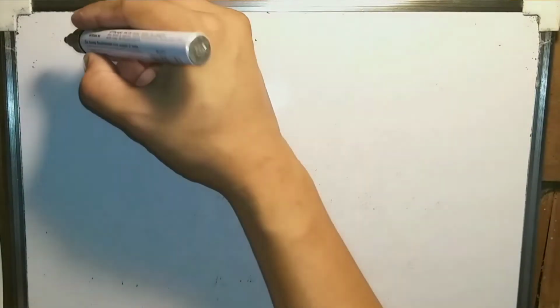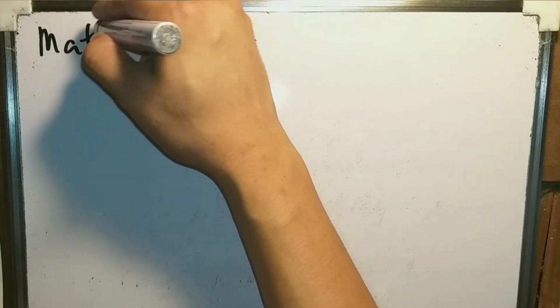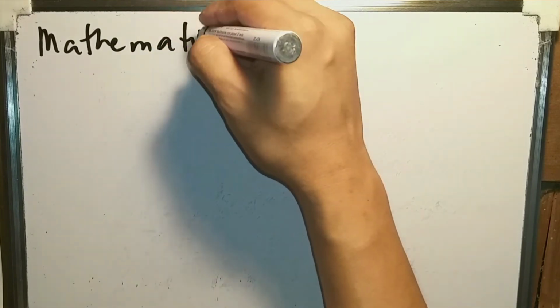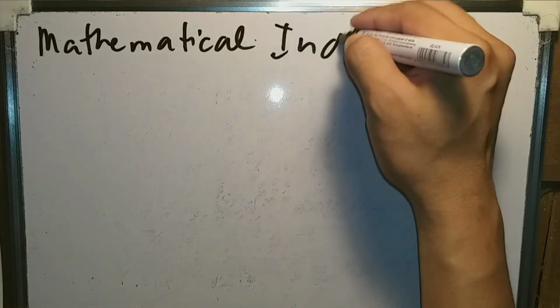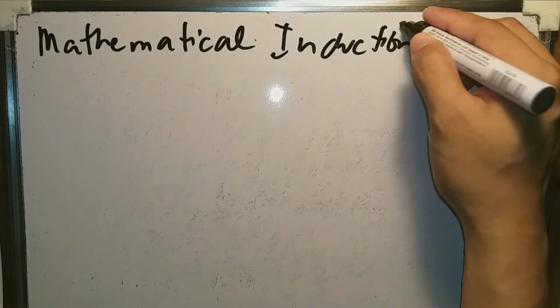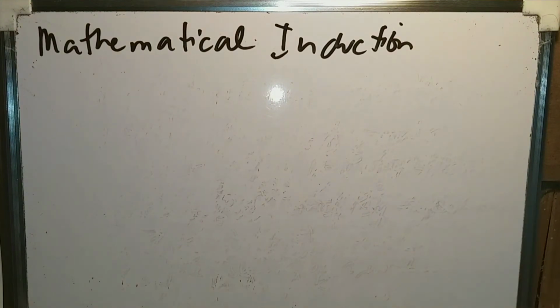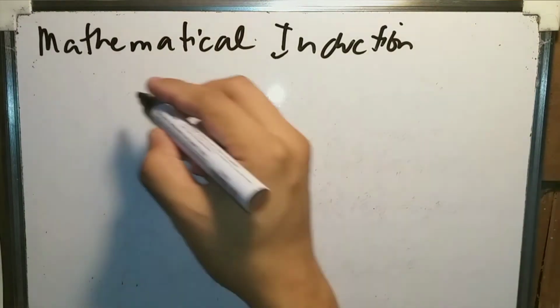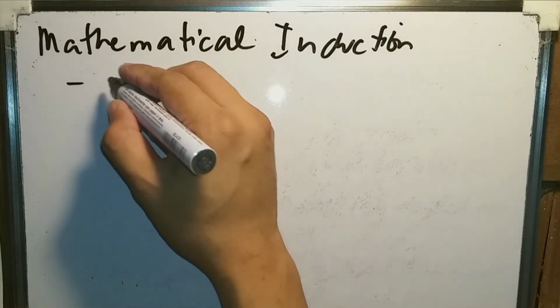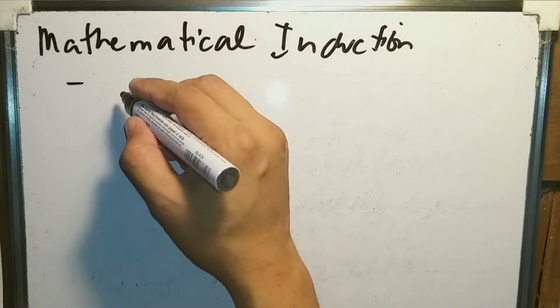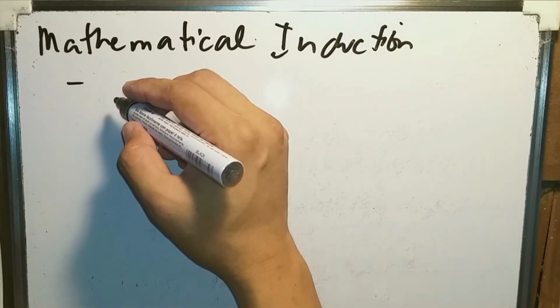So next we have mathematical induction. We usually use mathematical induction in proving theorems for all n elements of the positive integers. So the idea of mathematical induction is this.